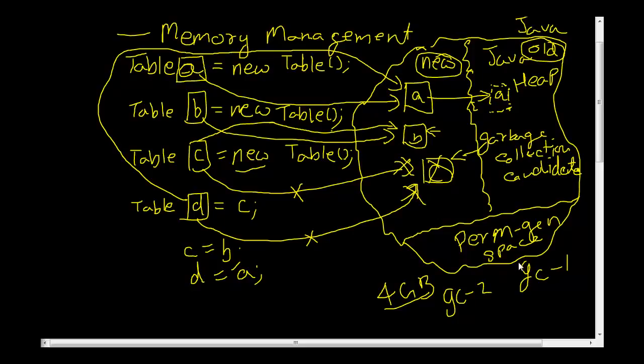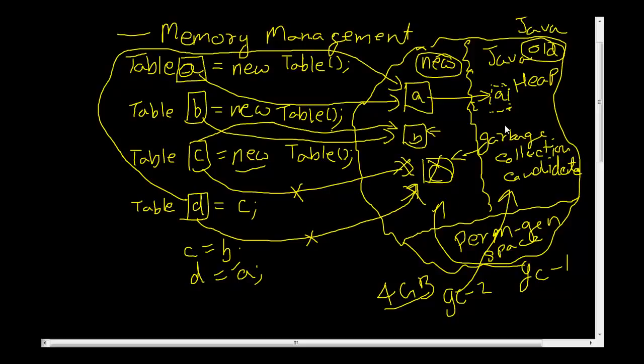The one focused on the new space, which runs frequently, and the other focused on the old space which does not run as frequently. Because most of the programs, the way the research has identified, is that they create a lot of variables and a lot of objects, and they use them for a very short amount of time, and then they get rid of them. There are very few objects which make it into the long-term ones, and the ones which become longer term, they stay around for a while.